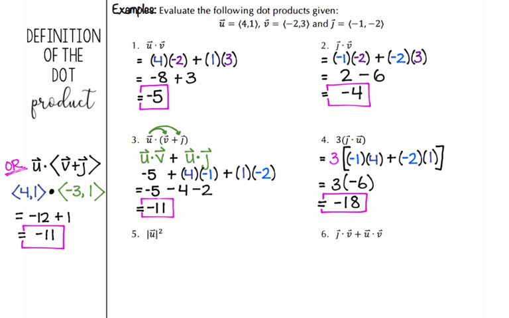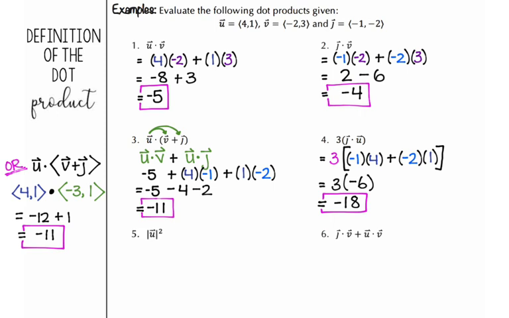But this is not distribution where it's 3 times j and 3 times u. There's only one scalar here, this number 3. And so that's why, to me, it's actually better if you pull the scalar out, do the dot product, and then multiply the dot product times the scalar, so you don't accidentally multiply both vectors, because it's not multiplying both vectors.